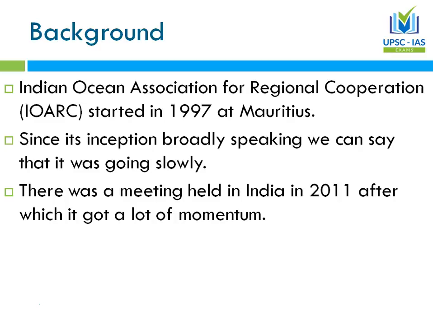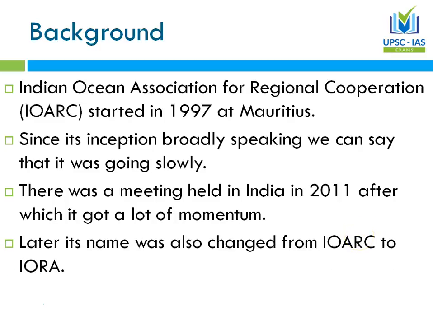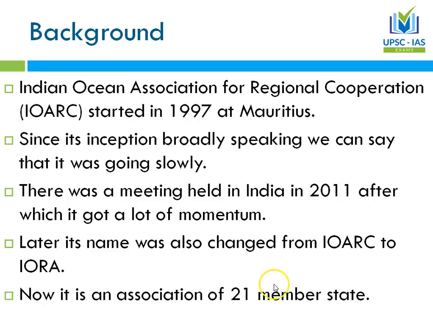The wheel of IOARC got motion after 2011, and its name was also changed from IOARC to Indian Ocean Rim Association, right, dear friends? So these are some of the basic things regarding it, and at present there are 21 member countries in IORA.